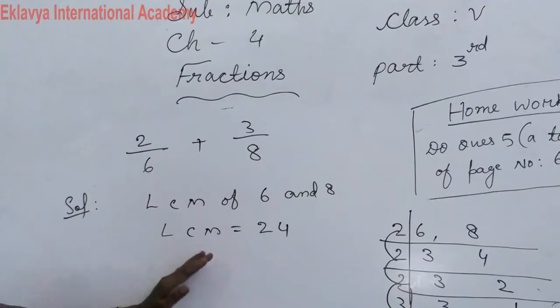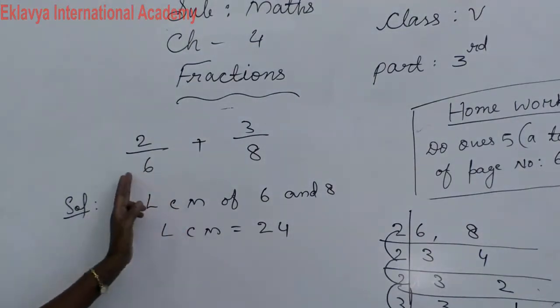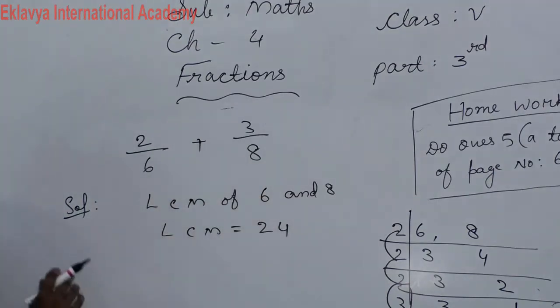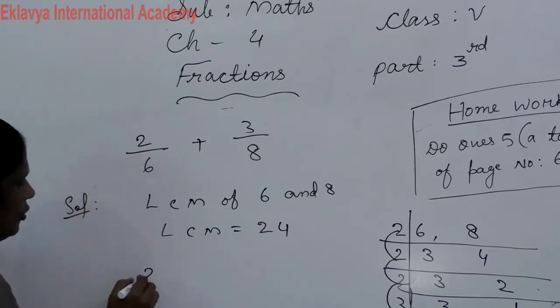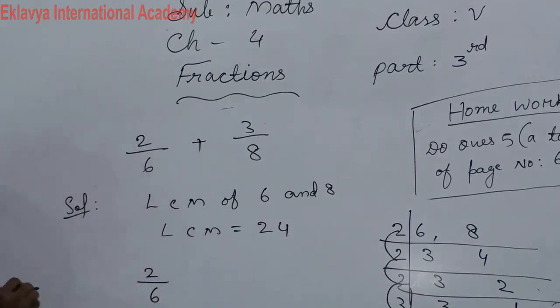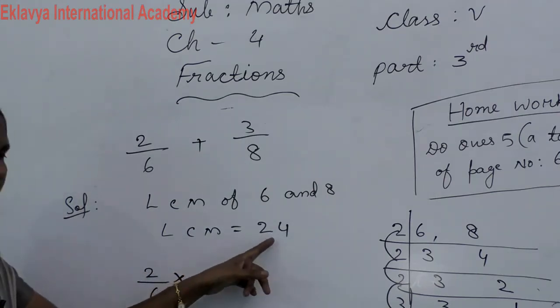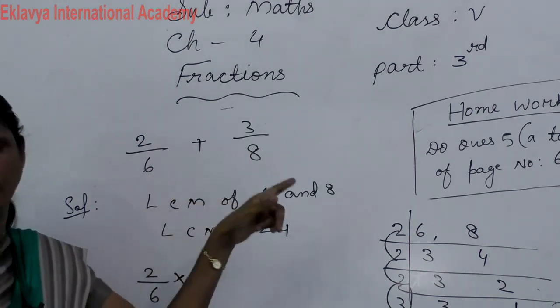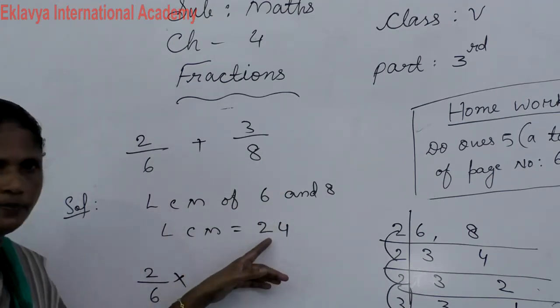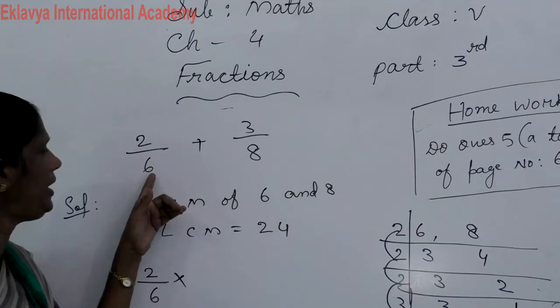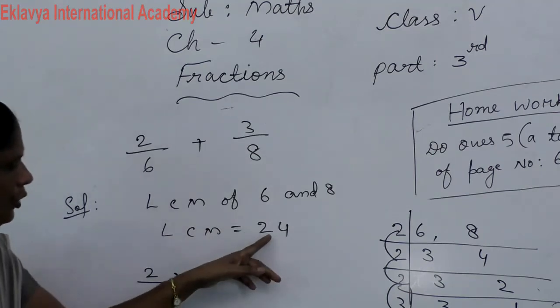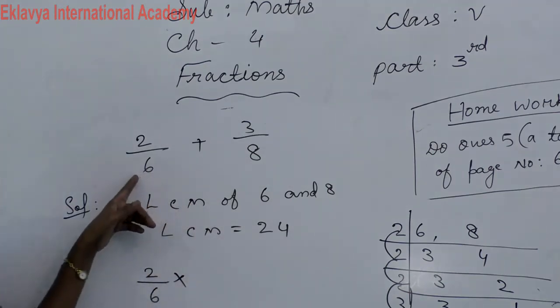Now, the next step. First step, find the LCM of denominators. Then second step, you write this fraction 2 by 6 and multiply. Next step, listen here: LCM divide by each denominator. That is 24 divided by 6.